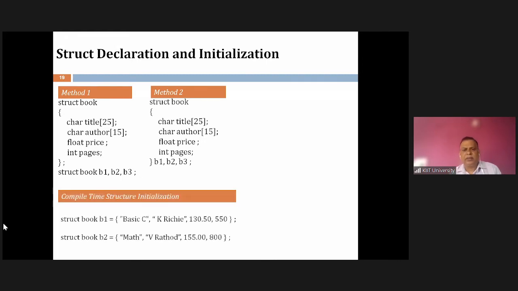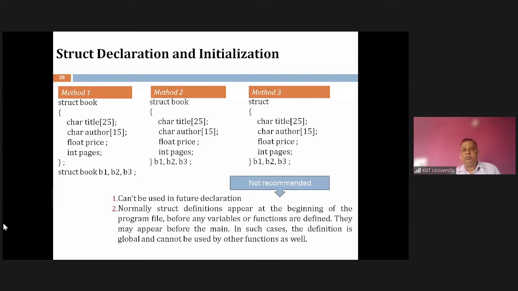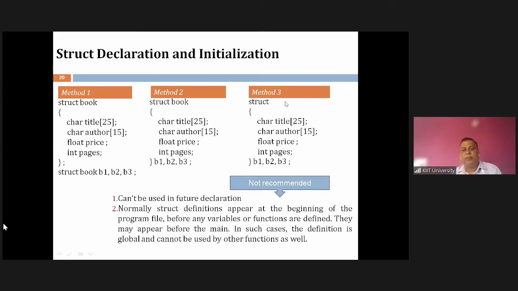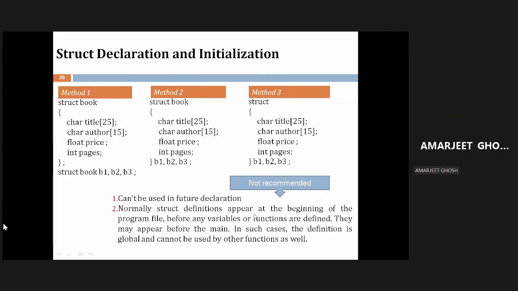Then another way, which we should always avoid. If I don't write down the data type name like book, then in future I cannot declare any variable of this data type because the name doesn't exist.